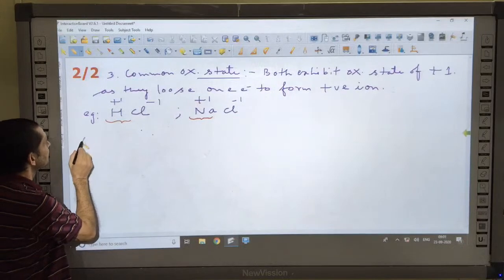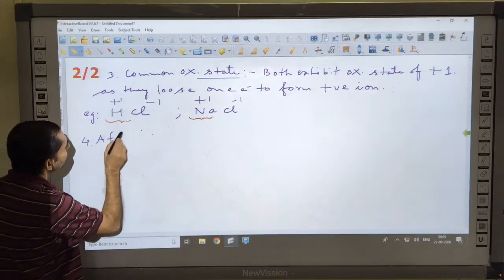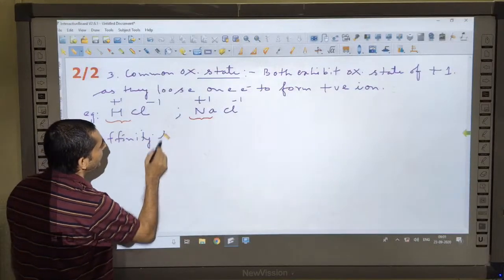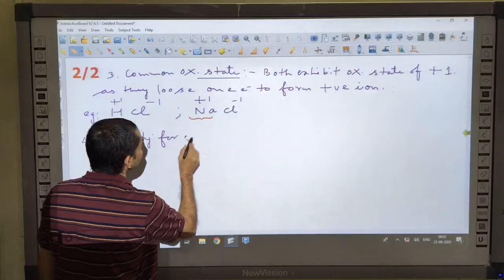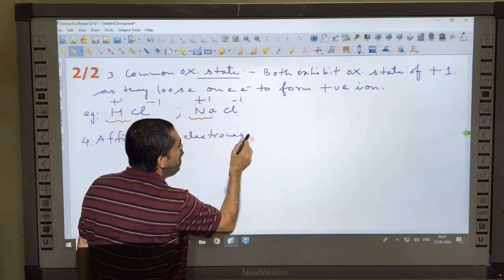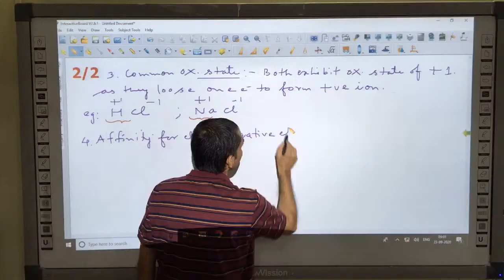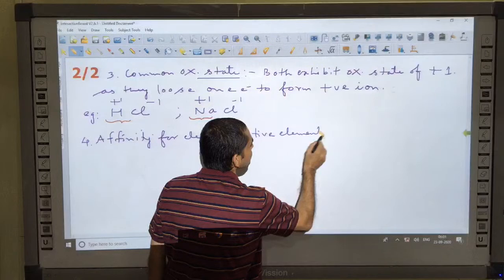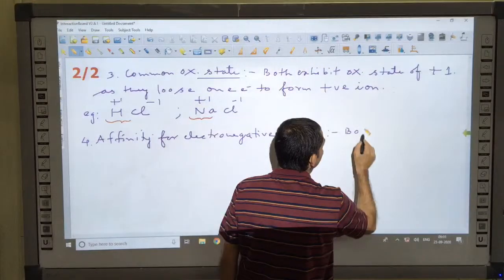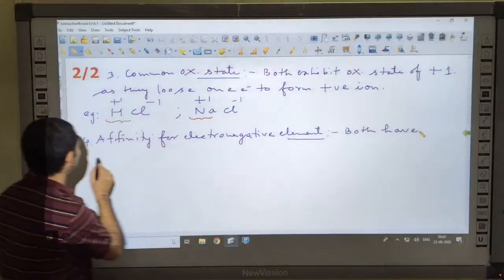Clear? Number 4. Affinity for electronegative elements.